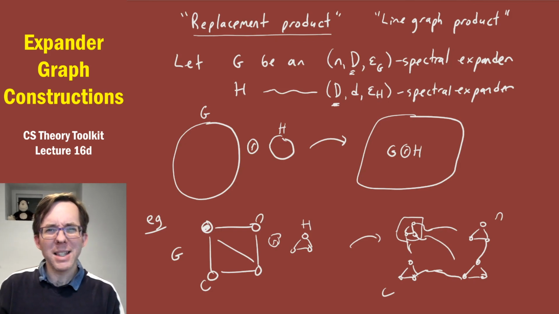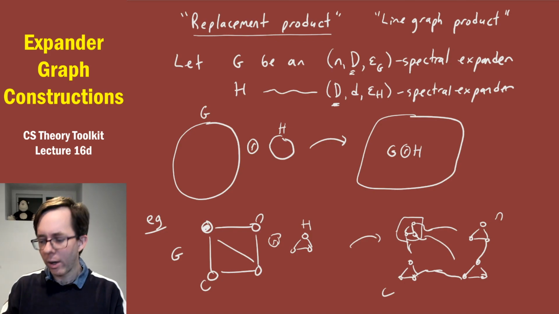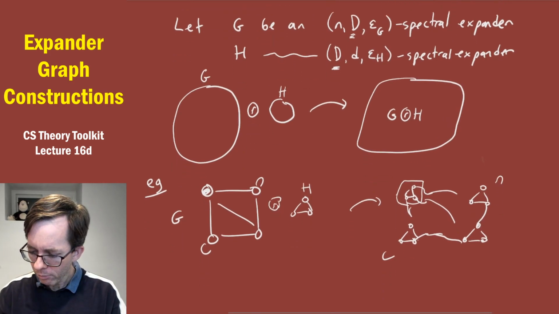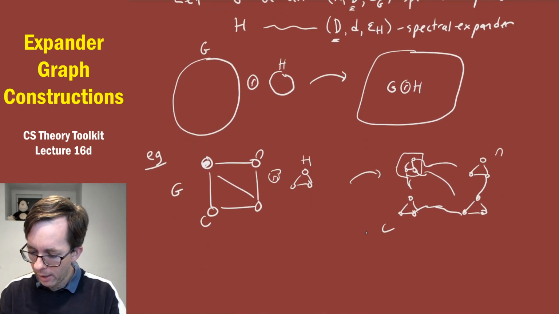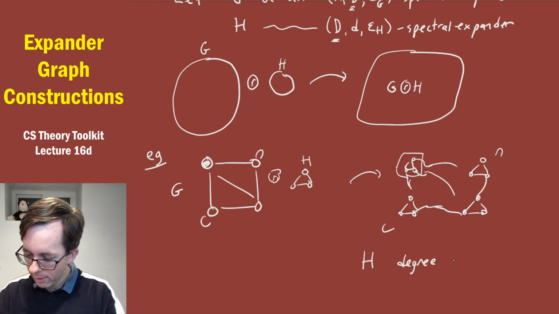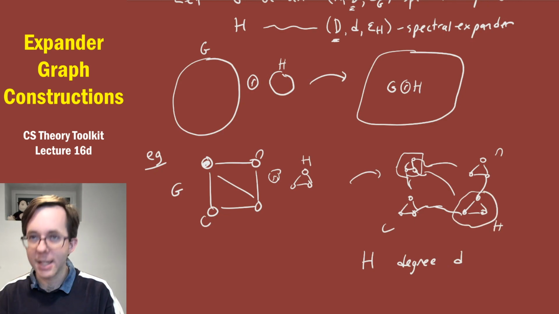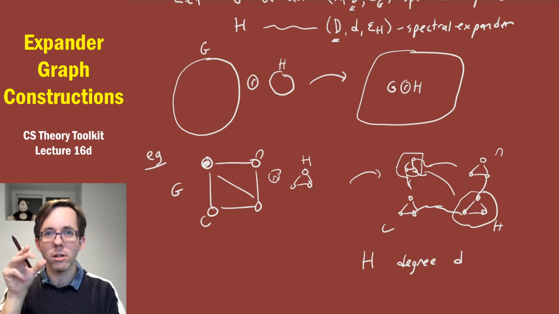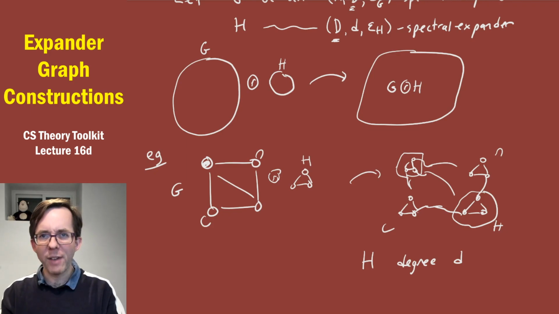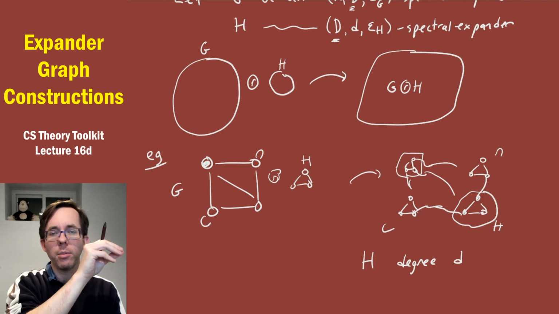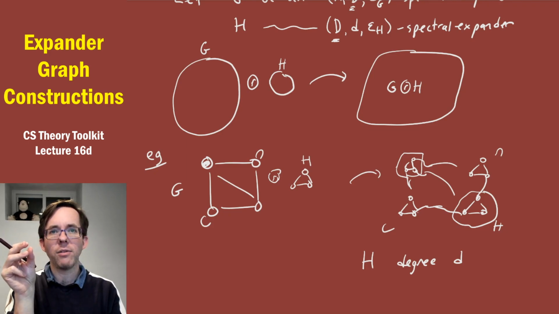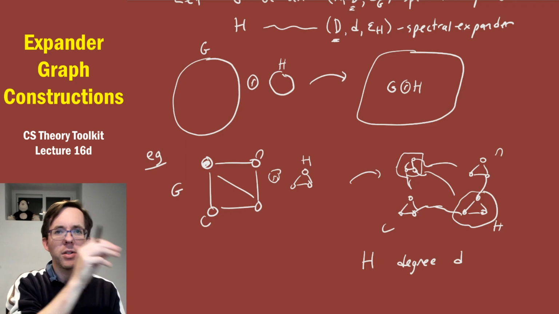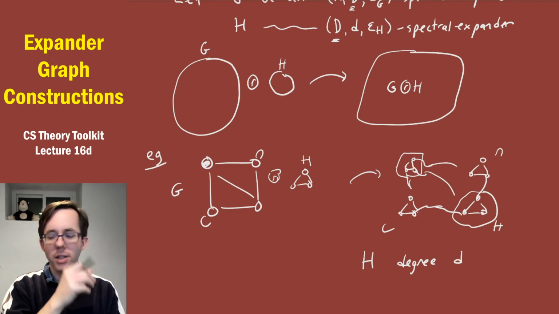And in fact, to make it simple, I lied. It has one outgoing edge. In each of these copies of H, the degree is little d, so every vertex has d internal neighbors. Instead of having each vertex have one external neighbor, you make it have d parallel edges as its external neighbors.